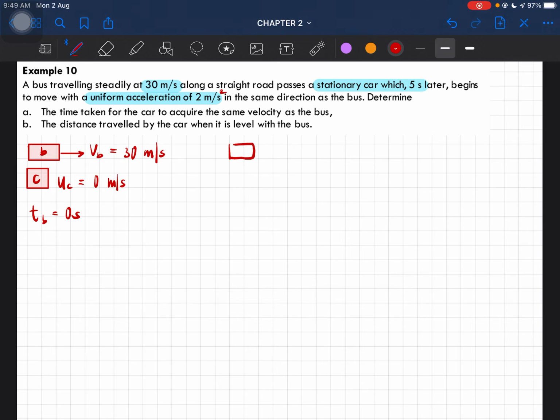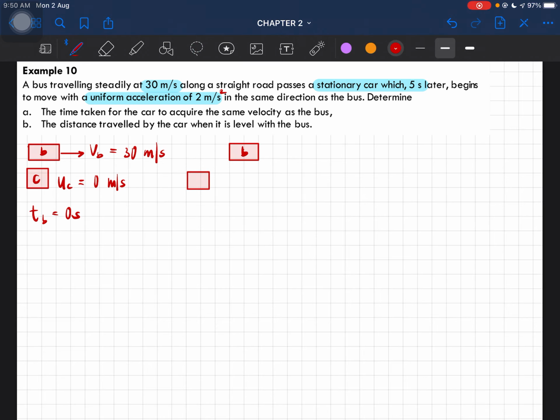And then after 5 seconds, the car, tapi dia tidak dekat lah dengan the apa.